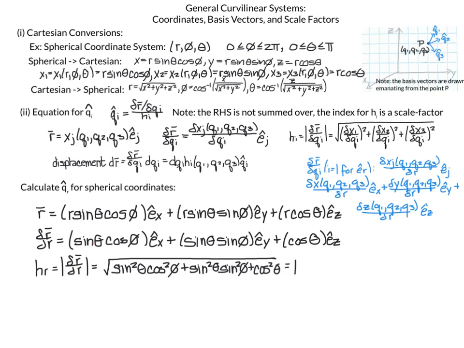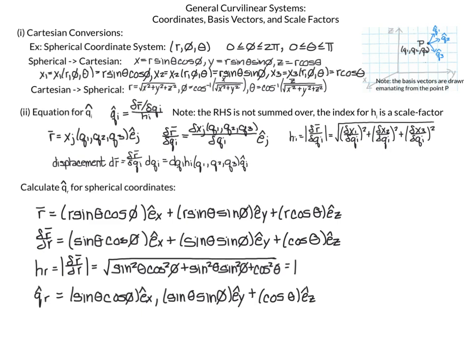So it's going to be sine squared theta cosine squared phi, plus sine squared theta sine squared phi, plus cosine squared theta. And when we add all this together, we get the square root of 1, which is equal to 1. And finally now, our basis vector in the r direction is our dr over here divided by h of r, but it's just divided by 1. So it's the same thing.